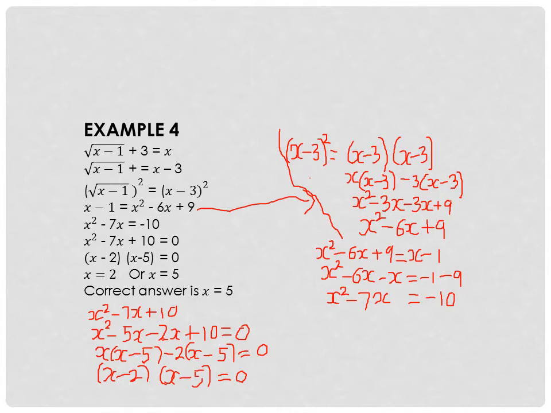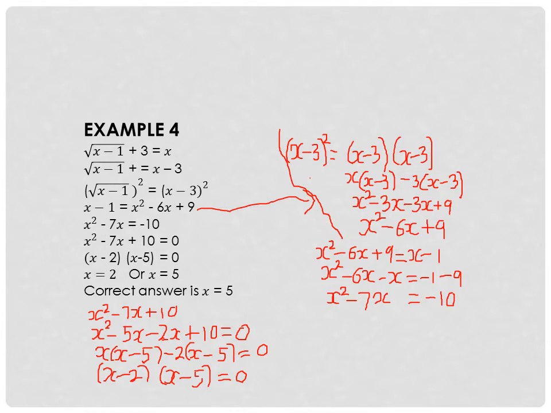X minus 3 to the power 2 means x minus 3 is multiplying itself. So we are going to have x minus 3, x minus 3. Now the left is multiplying what is inside the right. So we take x will multiply x minus 3, and negative 3 will multiply x minus 3.